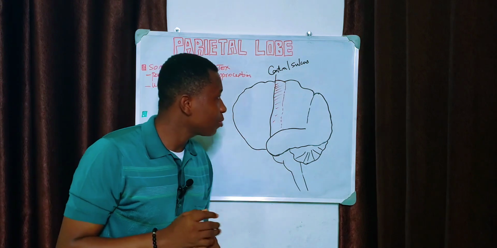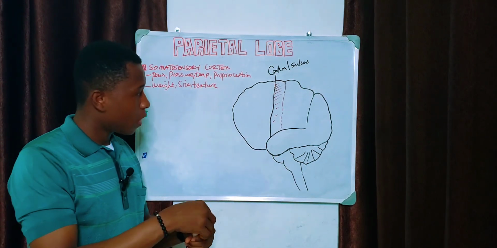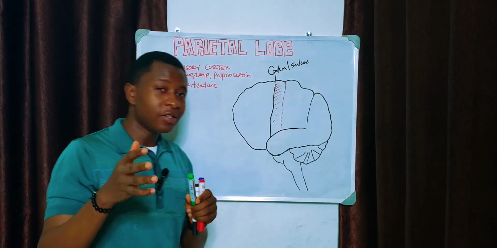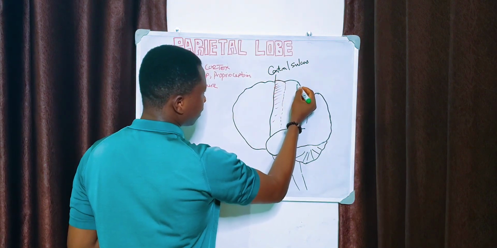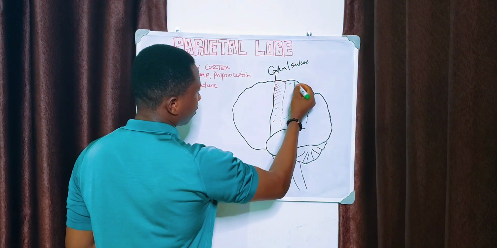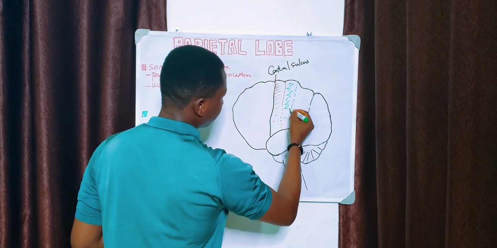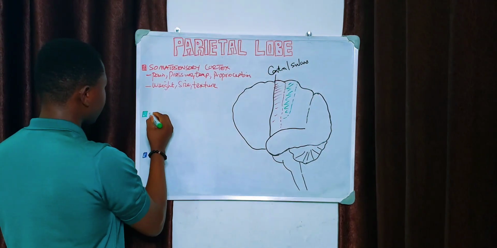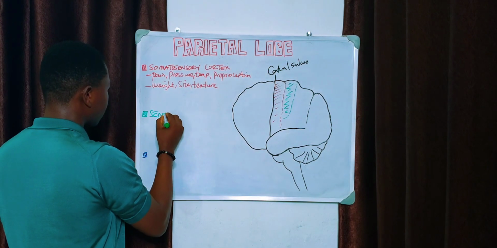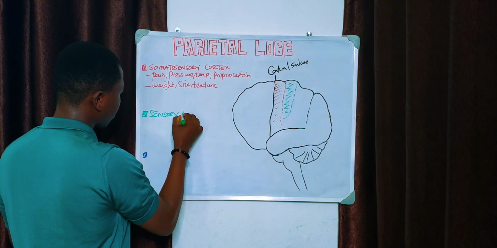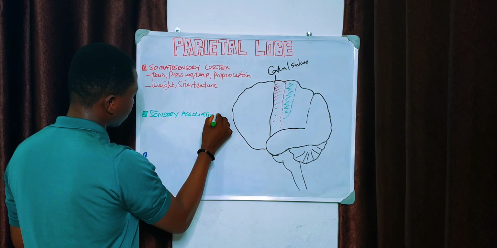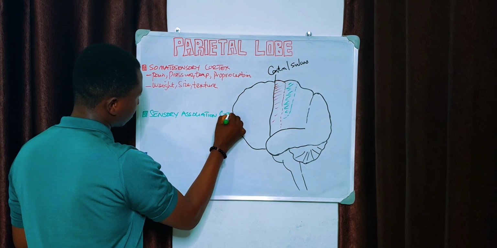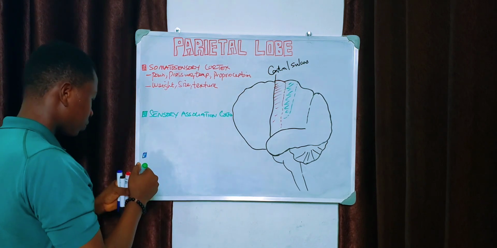Now the next we're going to look at is what we call the sensory association cortex. Let's label that here. Sensory association cortex. All right.